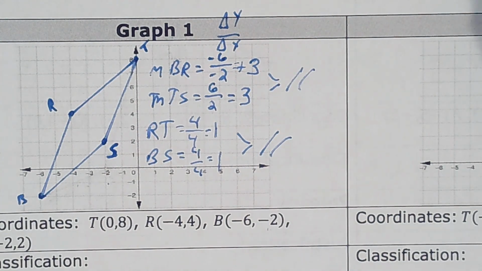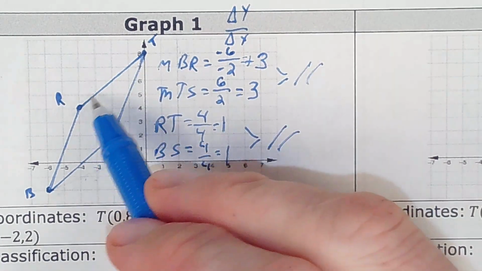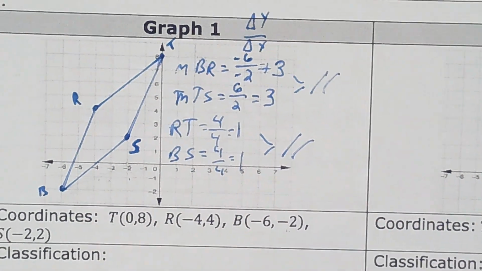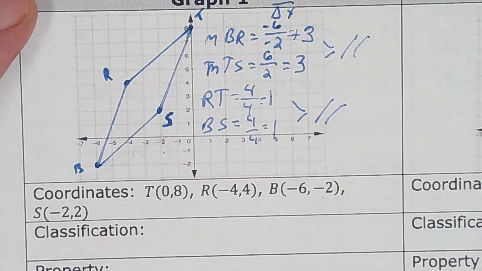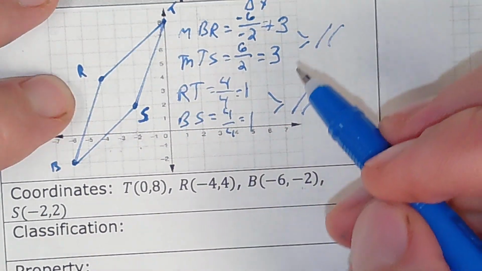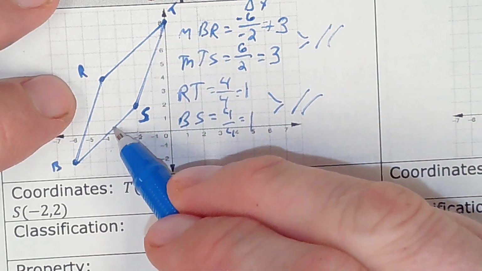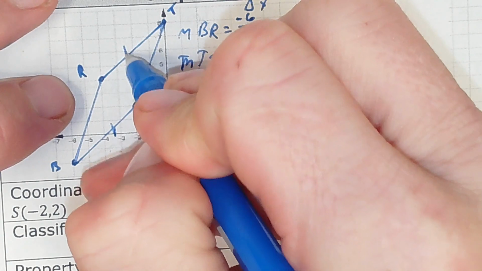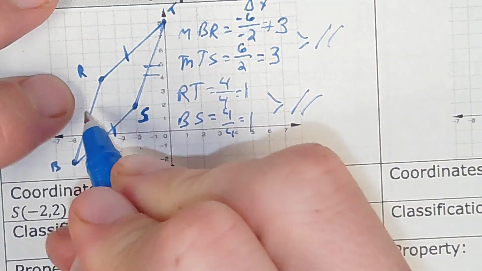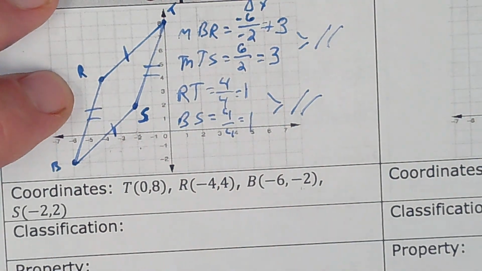If all of these are the same length, this would be a rhombus. So I gotta check to see if these are the same length. All right, so RT, I know that these are going to be the same length because that's a property of a parallelogram, and these will be the same length.